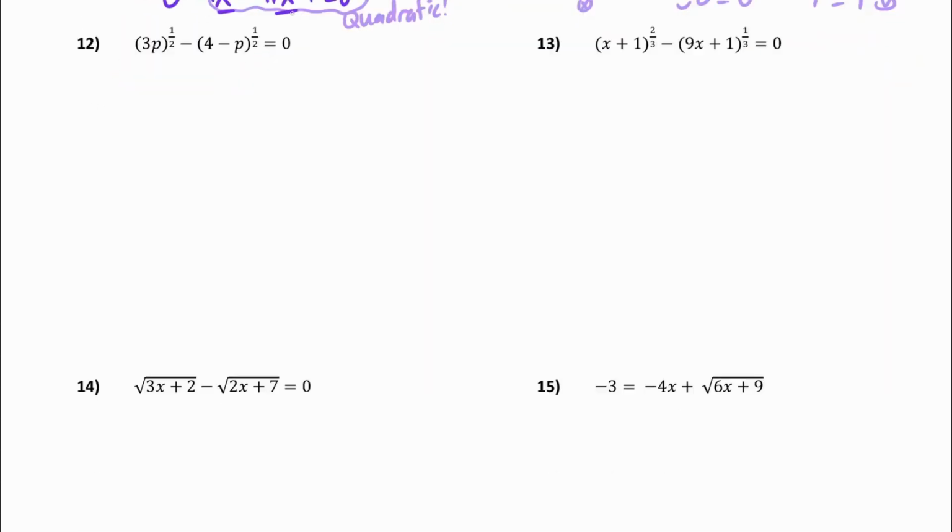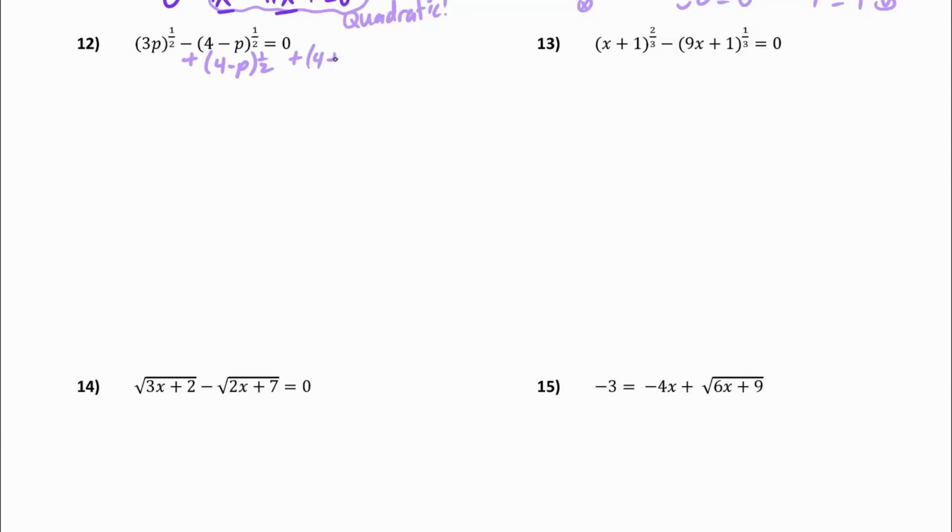12 looks awful, but if we keep in mind that we're trying to isolate the roots, these two exponents are both roots. They just are written as fraction styles. And so we're going to go ahead and move one to the other side. It's probably nicest to move the subtracting group over because we get to add it to the other side when we do that.